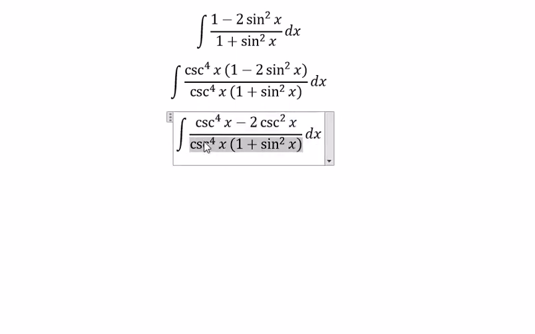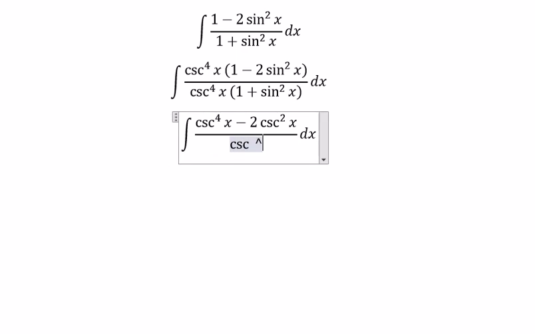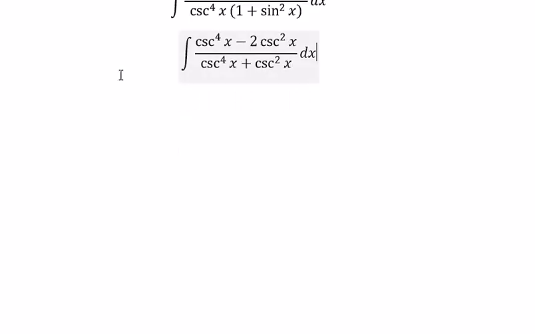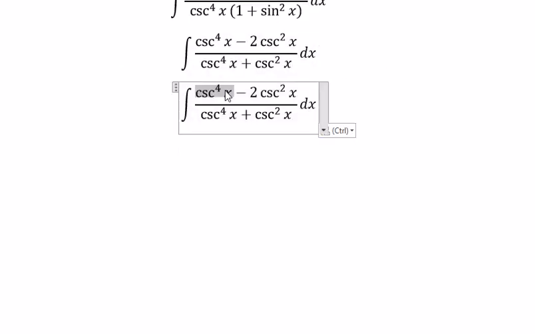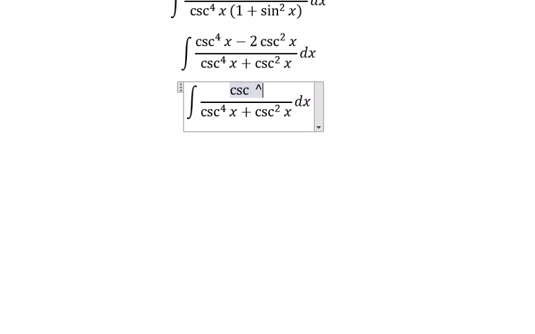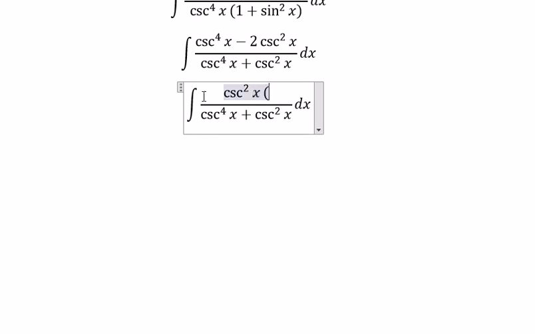Similarly, the denominator is cosecant of x to the power of 4 plus cosecant of x to the power of 2. Now we need to do factorization. For this one we have cosecant of x to the power of 2 multiplied by cosecant of x to the power of 2 minus 2. Similar in here.